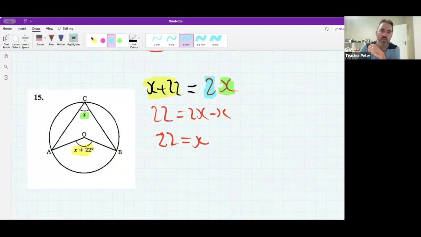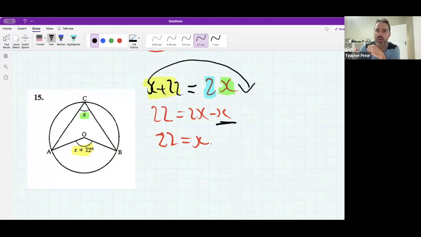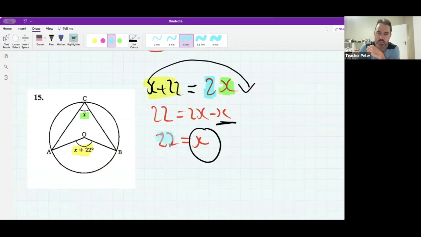And then I bring this across, and it becomes negative x. And what's 2x minus x? It's just x. And what is left behind? It's just 22. Now, if that is 22, that makes sense because here it's 22 plus 22, which is 44. And so the angle at the center is double the size of the angle at the circumference. Is that helpful, Stephen?